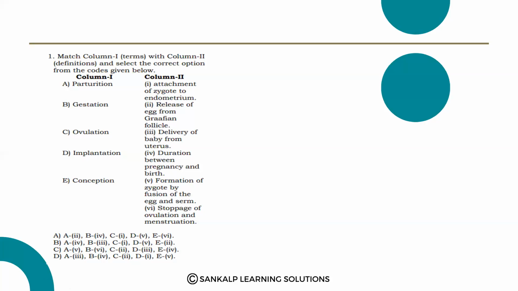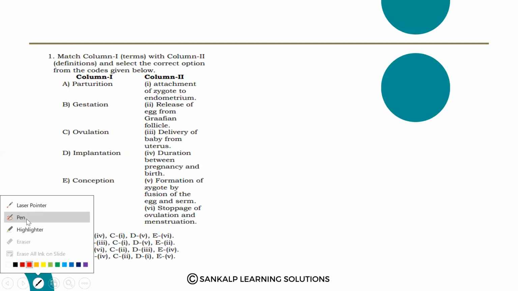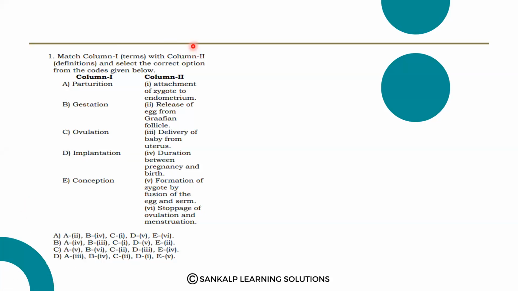Now you have to match the word with the respective definitions. Options are given below. Please refer to the options and let me know your answers. Scribble down the question simultaneously.